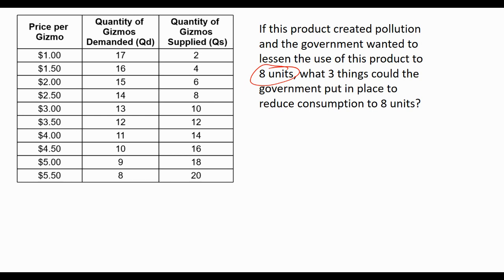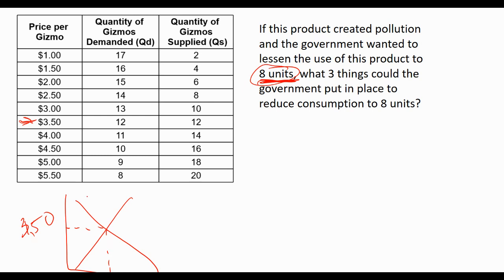To 8 units. So here's equilibrium, here 350, 350, and 12. So if the government said this product created some sort of pollution and they wanted to reduce it from 12 units, because this is equilibrium right here at 12, right? 12 and 12, all right? And they wanted to reduce it to 8.